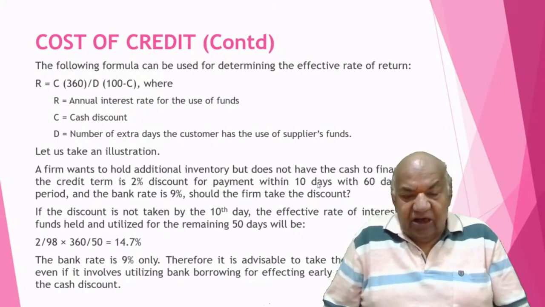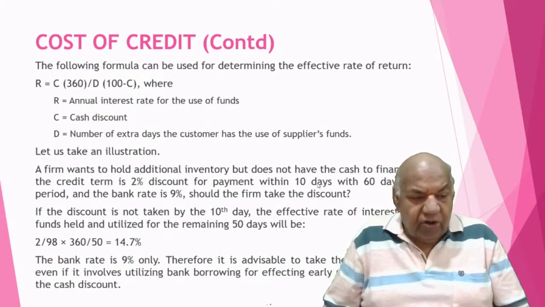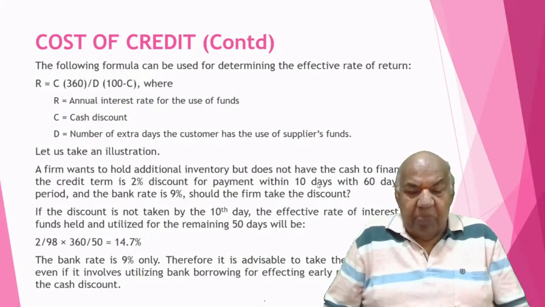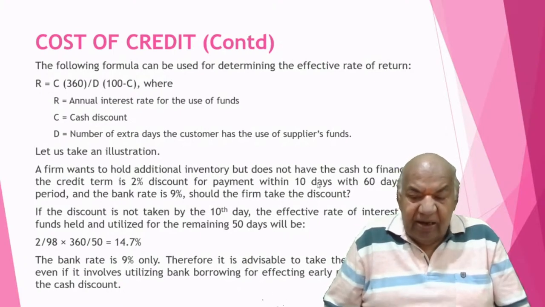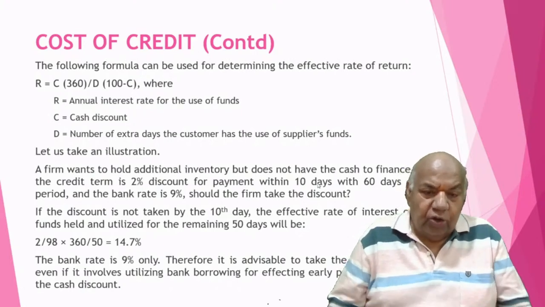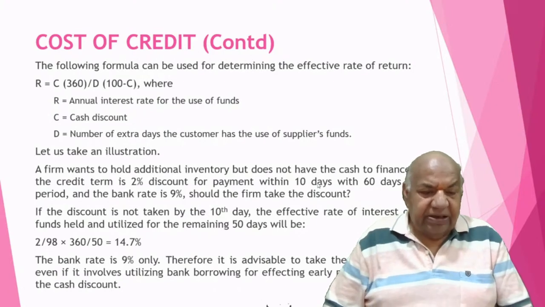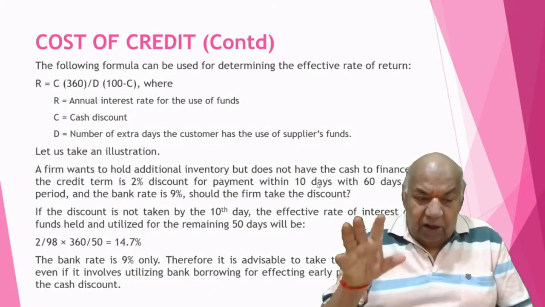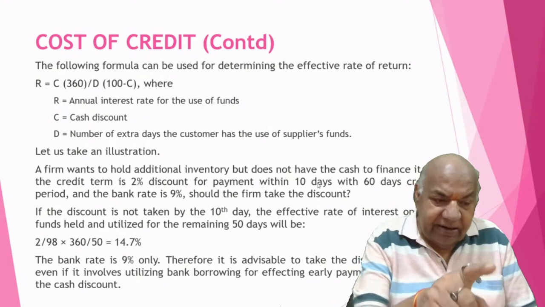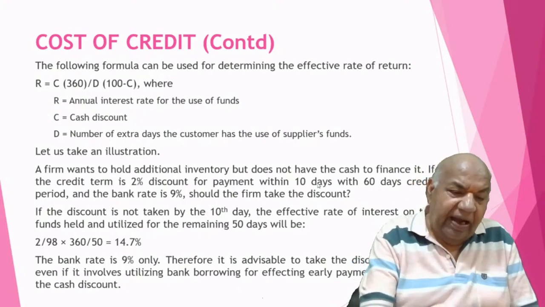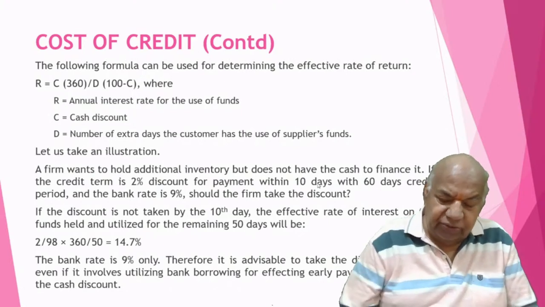Therefore, it is advisable to take the discount offer even if it involves utilizing bank borrowing for effecting early payment for availing the cash discount. Or you may say it is better for the person to take loan from the bank at 9% and make the payment and avail the cash discount.